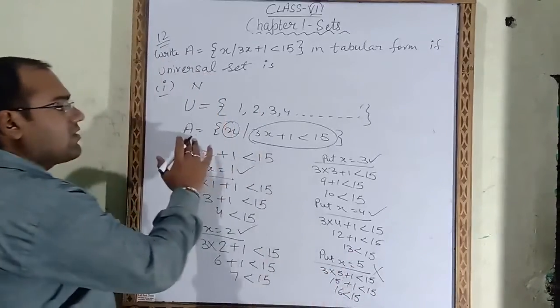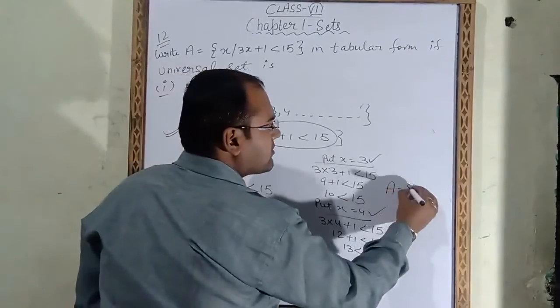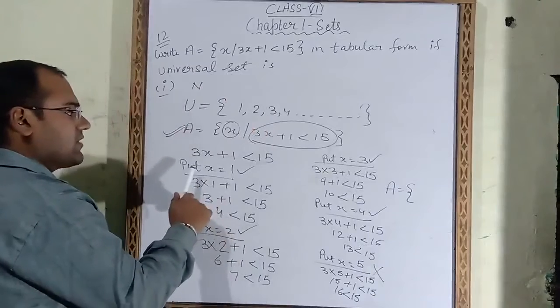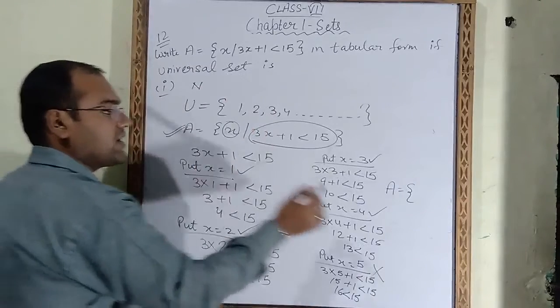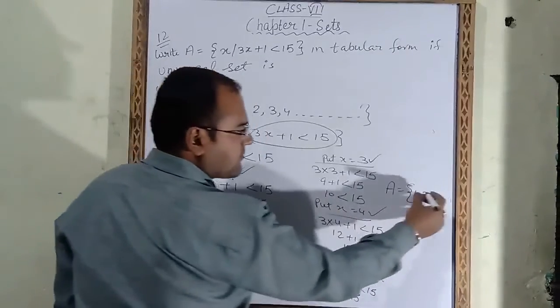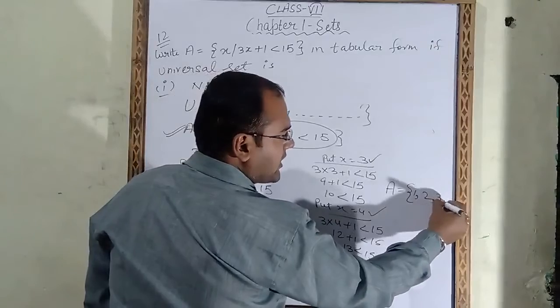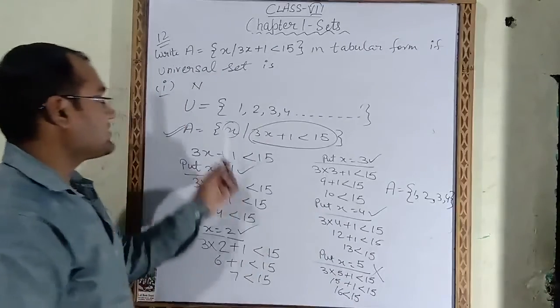So now we will write the answer of A. A is equal to, in A we have to write the values of x. x is equal to 1 is correct, x is equal to 2 is correct, 3 is correct and 4. 1, 2, 3 and 4 answers are correct. So you can check now. What is the universal set?